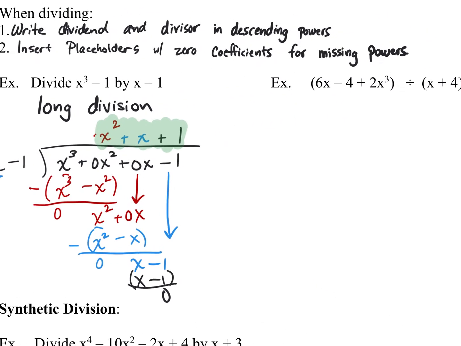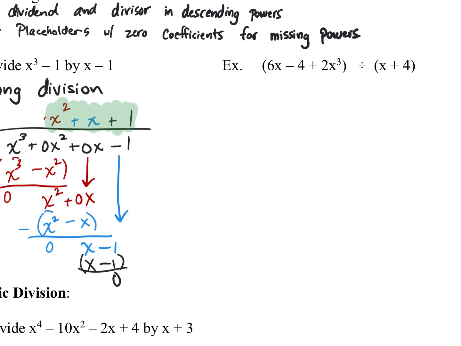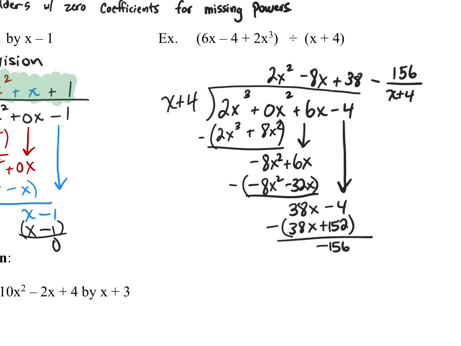So I would like you all to pause here for a minute and try the example you see on your screen now. All right, let's see how we did. You can see here my work. You'll notice a few things on the setup here. We were missing a term, right? In our original dividend, we had 3 terms for a cubic. Just a quick note here, we should always have one more term than the highest degree term in our polynomial.